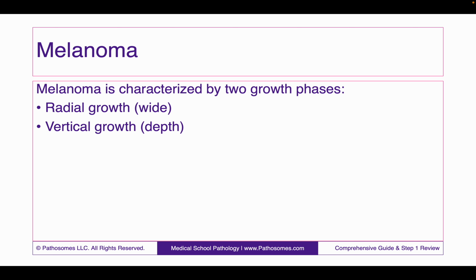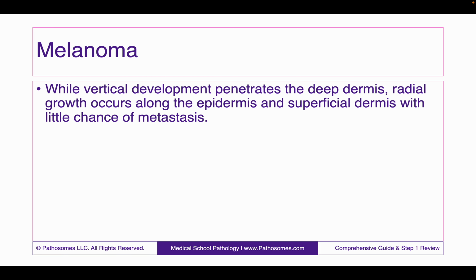Melanoma is characterized by two growth phases, either out or down: out for radial growth, or wide, and vertical growth for depth. While vertical development penetrates the deep dermis, radial growth occurs along the epidermis and superficial dermis with little chance of metastasis.